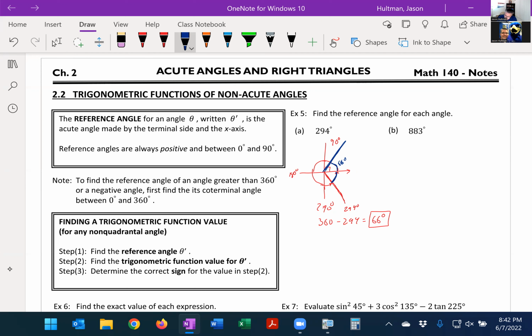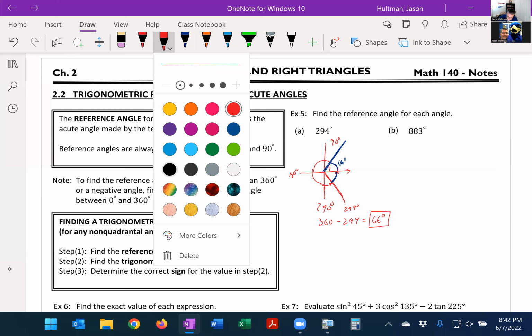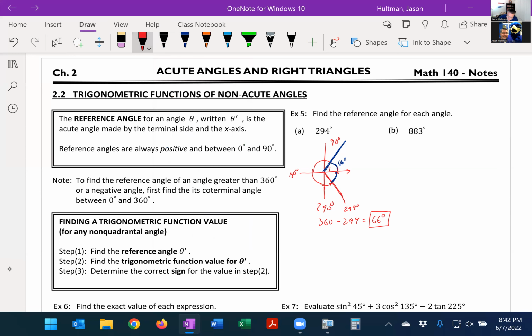Okay, what about 883? 883 is much bigger than 360. And so we're going to go around the circle many, many times. So I want to find what angle is the same as 883, but within one rotation.